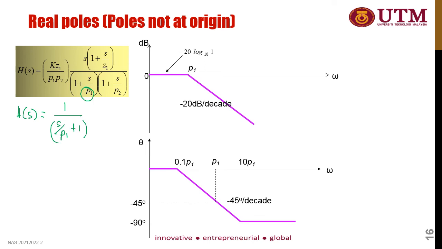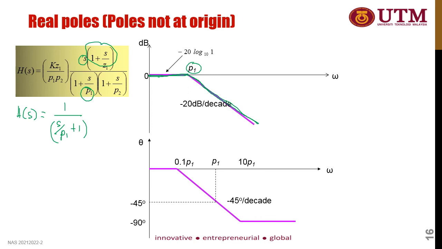You have seen that when you have zeros at origin or not at origin, it will always be a positive slope. But for poles, it will always be a negative slope. So in this case, you have a pole at P1. You know that the line will be 0 from 0 up to P1, and then from P1 onwards there will be a decrement slope of 20 dB per decade.